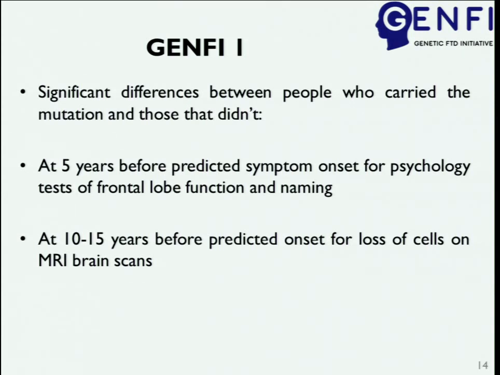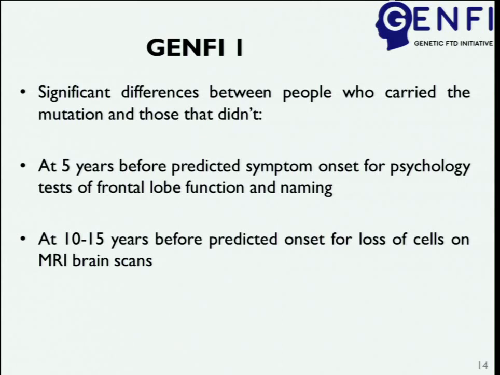And what we saw in GENFI is that around 5 years before the predicted onset, and of course we don't know when people are going to get their symptoms, but we look at the mean age at onset within a family. So we look at all the people in the family that have developed symptoms, and we say it's probably sometime around the mean age at onset in the family.